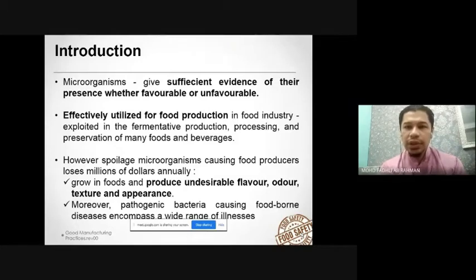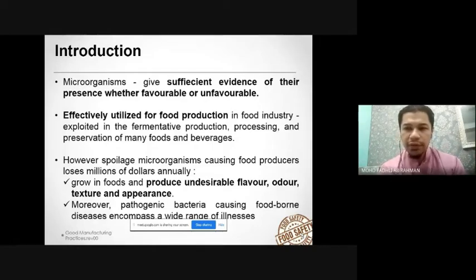These organisms have been effectively utilized for food production in the food industry. It has been exploited in the fermentative production, processing and preservation of many foods and beverages. Ini in terms of the benefits of microorganisms.